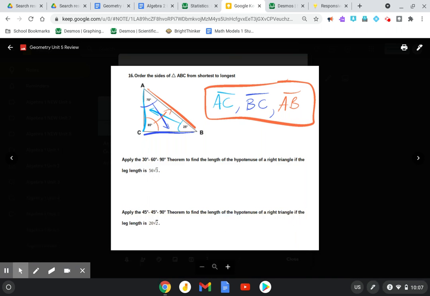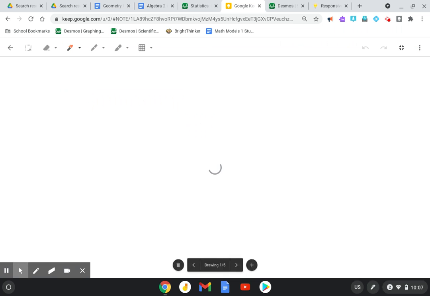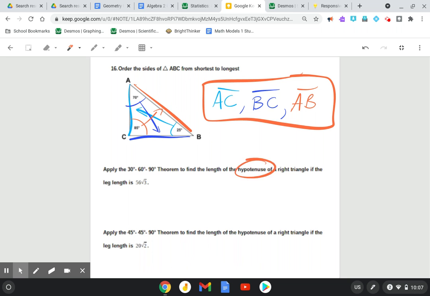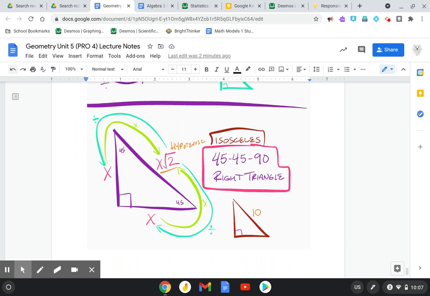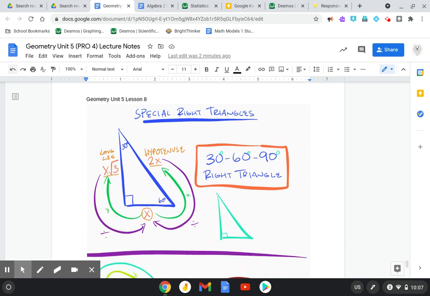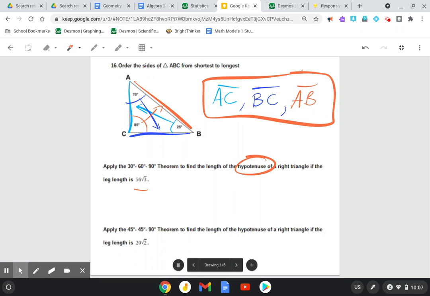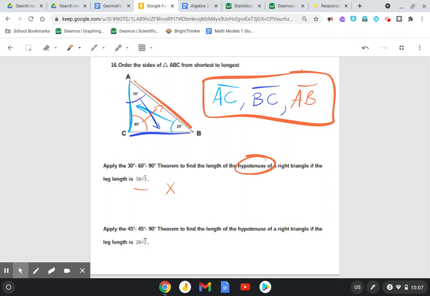30, 60, 90. So we're going to start with 30, 60, 90, and we're going to find the length of the hypotenuse. So we're looking for the hypotenuse with this length right there. So the leg length is, we're going to scroll up here, the leg length is 56 square root of 3. So that's the leg length. That's the x equals 56 square root of 3.